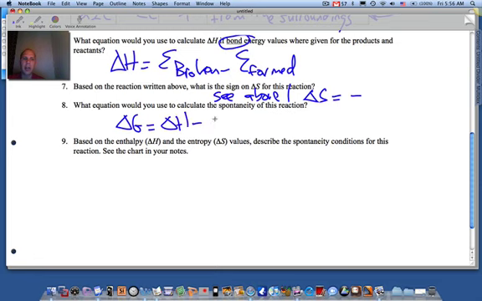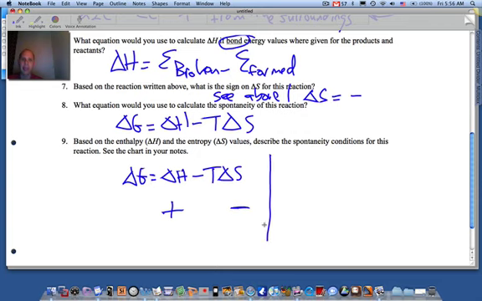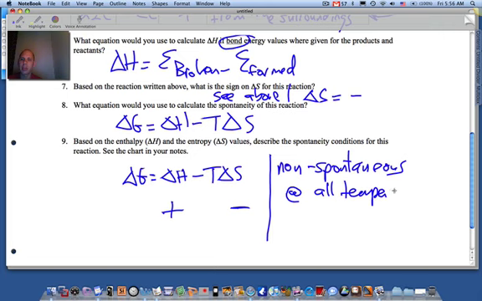Okay, so delta G equals delta H minus T delta S, and delta H is positive, and delta S is negative. Okay, this is going to be non-spontaneous at all temperatures. Notice this is going to be a minus and a plus. T is either going to be greater than or equal to 0, so this value is always going to be positive.